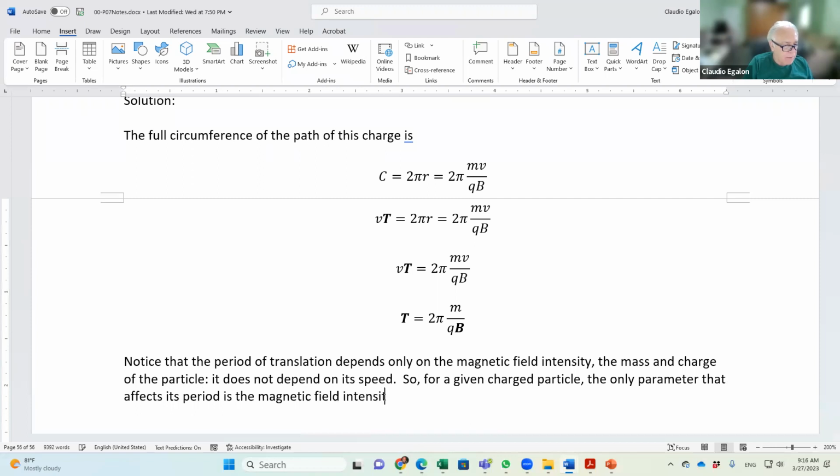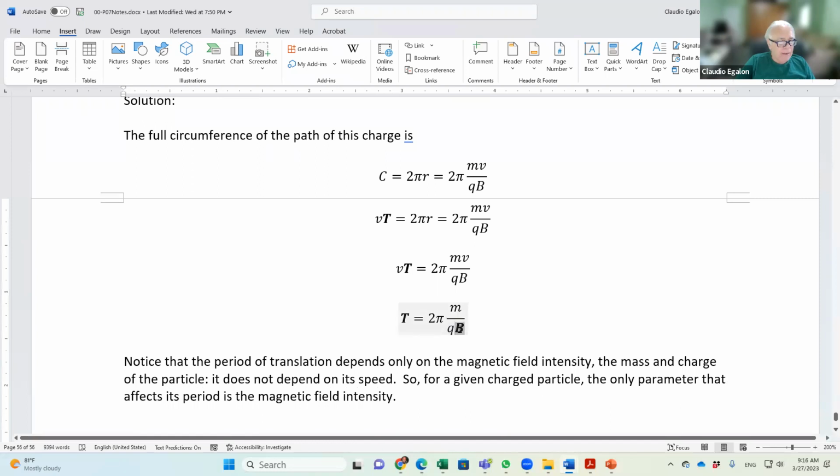The stronger the magnetic field, the stronger the magnetic force, and the faster the particle moves, the shorter the period, right? Here you go.